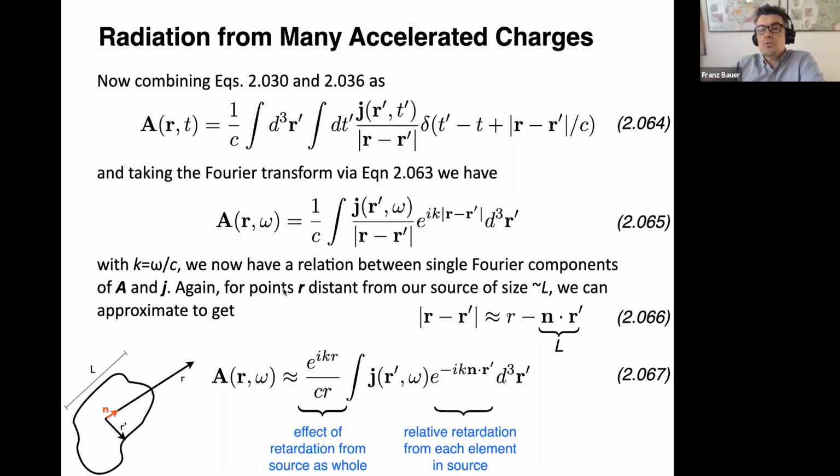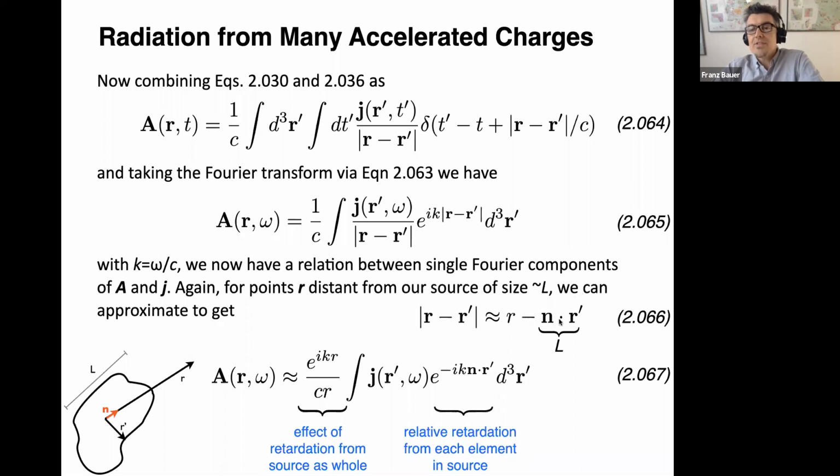And we can do this for all points where R is very distant from our source, which has a size L. We can make an approximation that the absolute value of this difference between these vectors is approximately equal to our distance to the entire thing minus a unit vector dot product with this thing. And so if this thing is perpendicular, then this is 0, right?